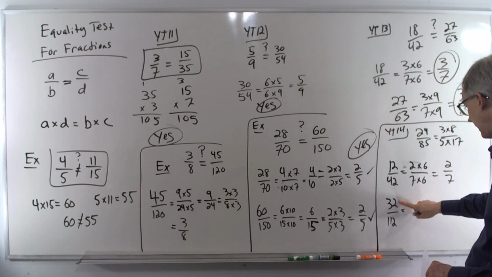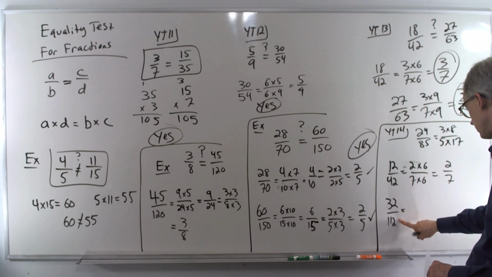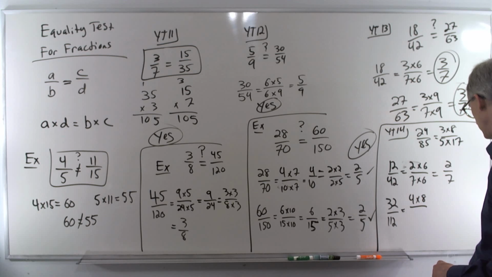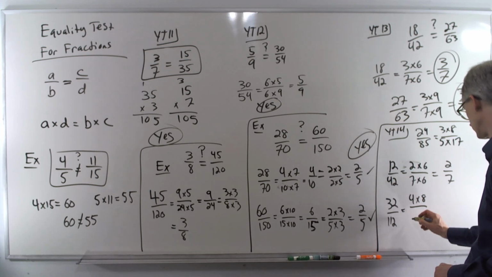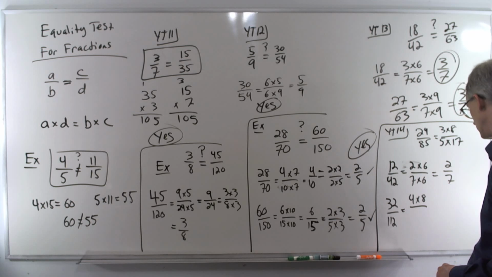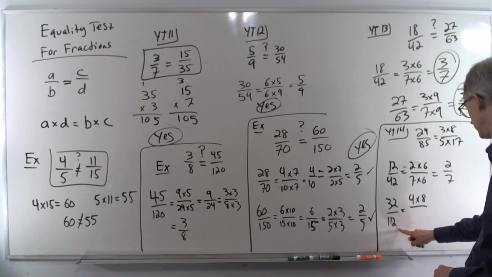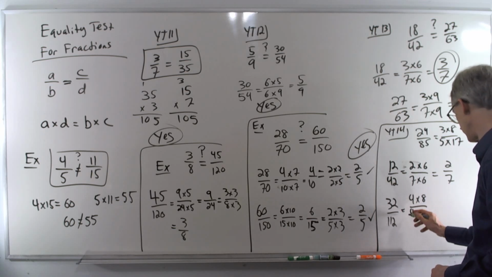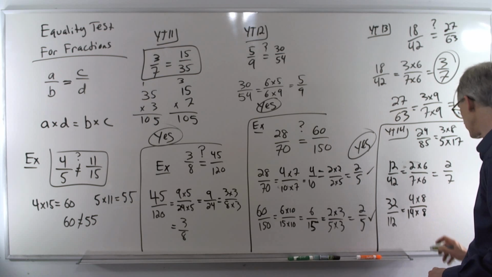32 is divisible by 8. It looks like 112 is as well. Looks like we have 4 times 8 and, let's see, times 10 gets us to 80. 14. Oops. 14 times 8.